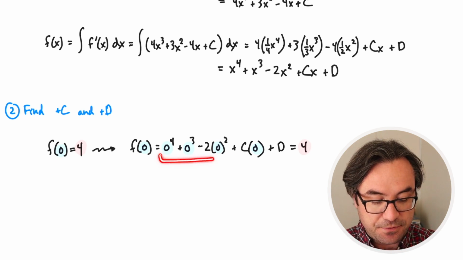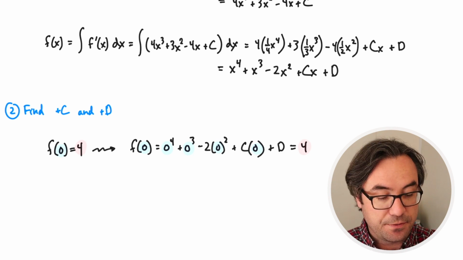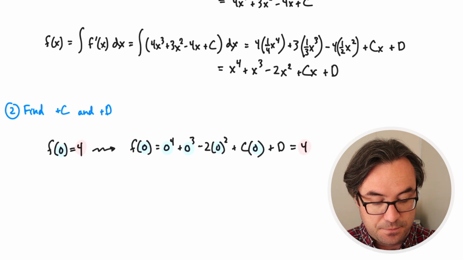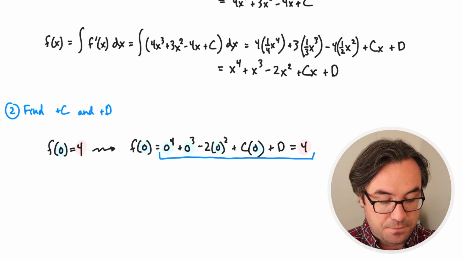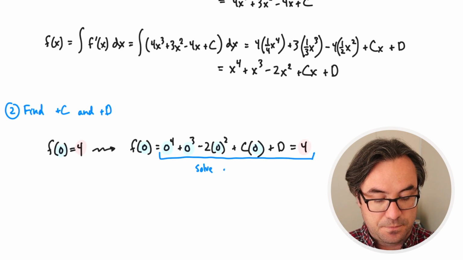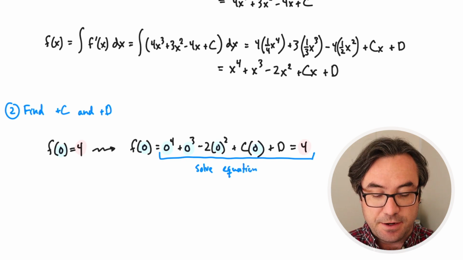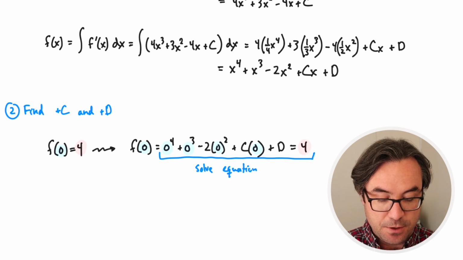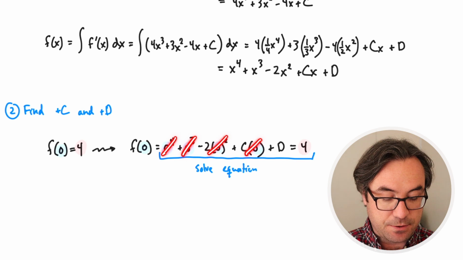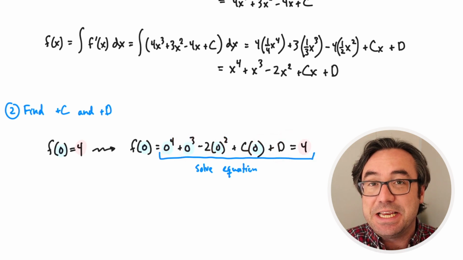So if I simplify this down, this is going to give me an equation that I can solve or work with. So I'm going to solve this equation here. And if we simplify it down, well, 0, 0, 0, 0, so I just get d is equal to 4. So this one's actually kind of easy to solve.